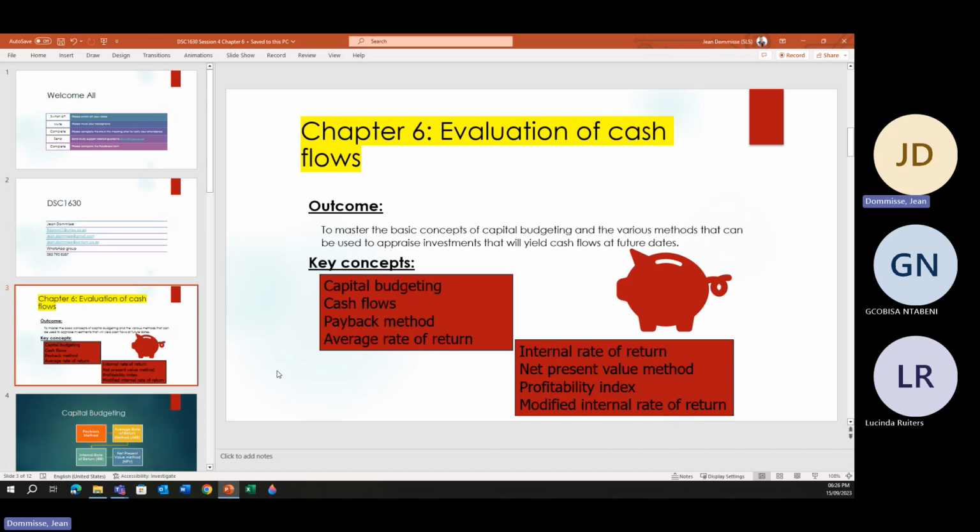The average rate of return, also very seldom. The ones that are more frequently in your assignments and in the exam is your internal rate of return, your net present value method, your profitability index, and what I call your MIR, your modified interest rate of return.